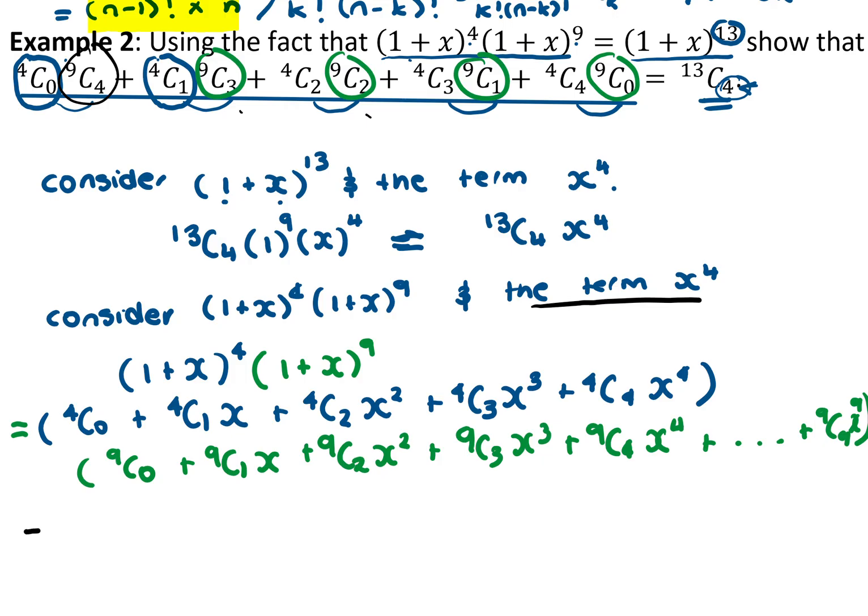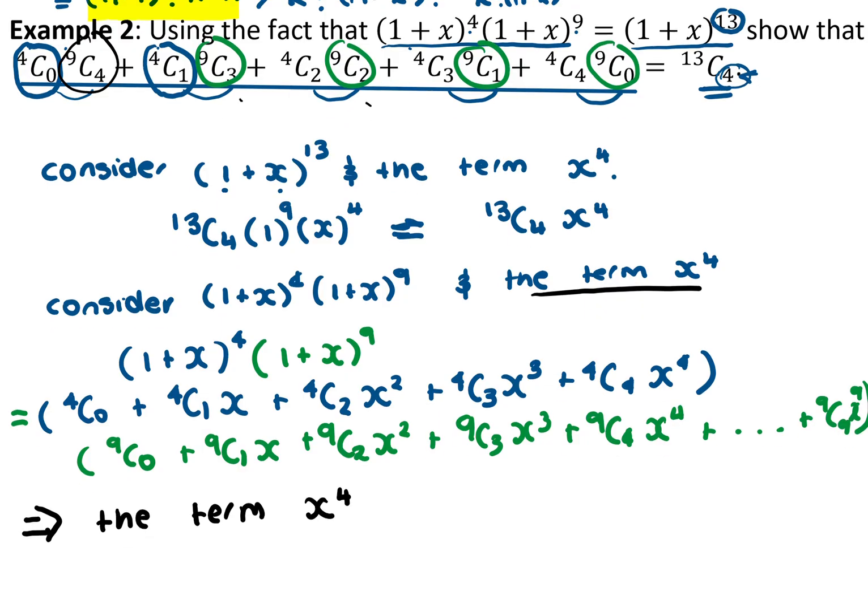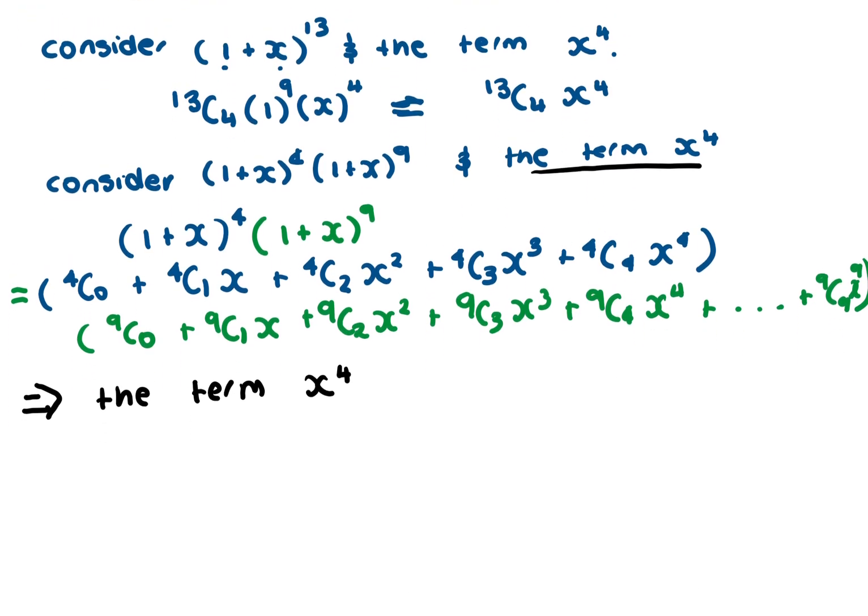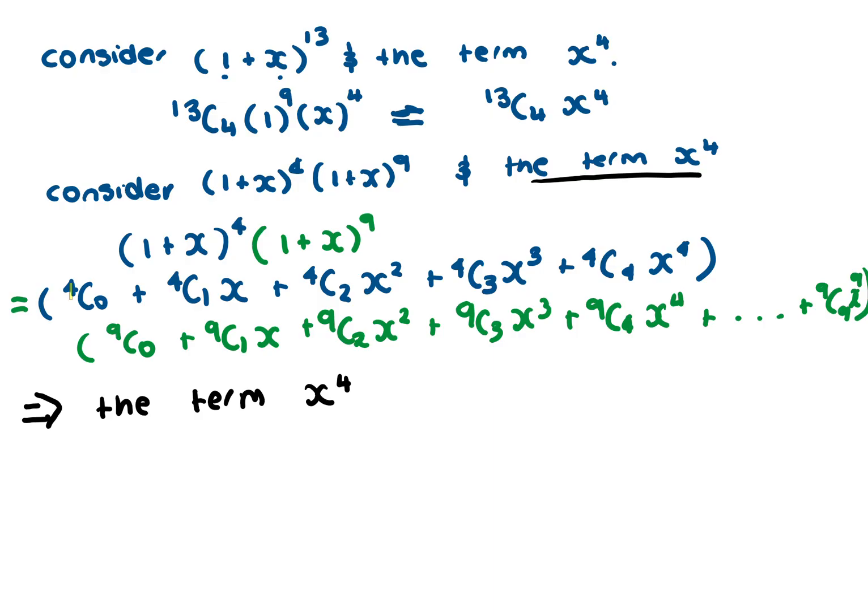So the term x to the 4, how would I get that from those two brackets? First of all, I could do a constant times an x to the 4. That would be 4C0 times 9C4 x to the 4.